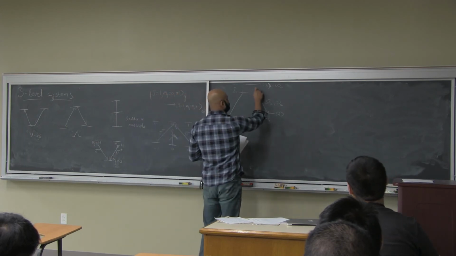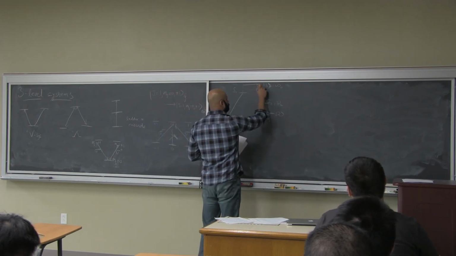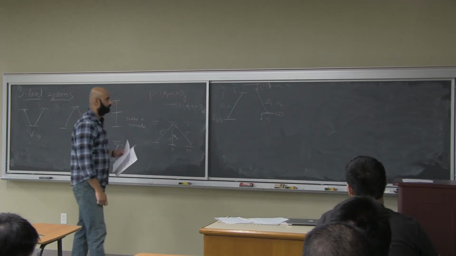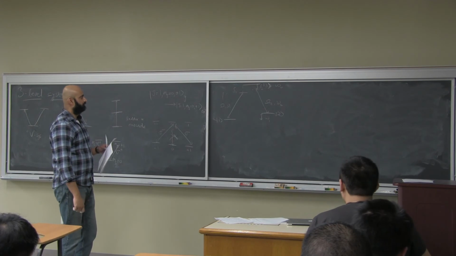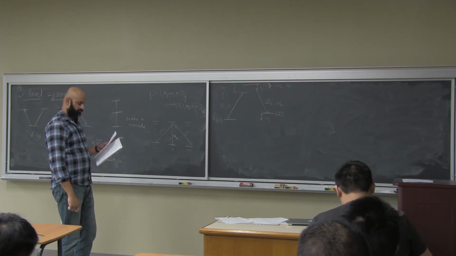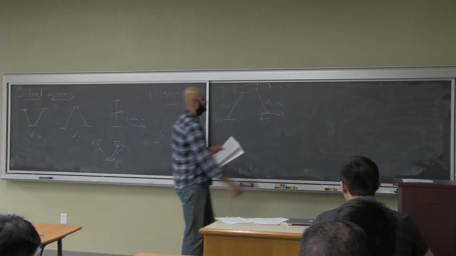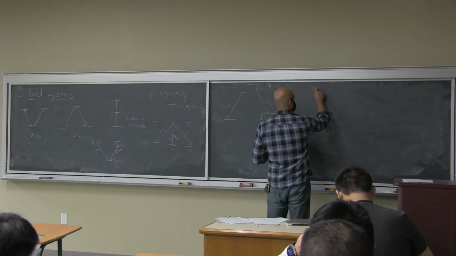This one is detuned by delta 2 from the transition to 3. So when we go into the rotating frame with these 2 levels, how should I redraw this entire system in the rotating frame?